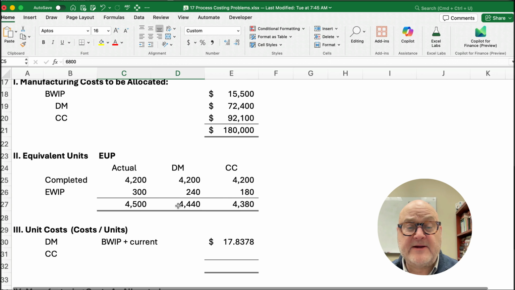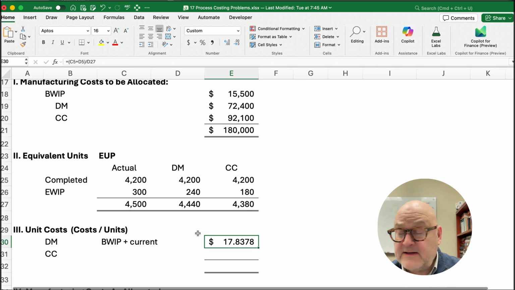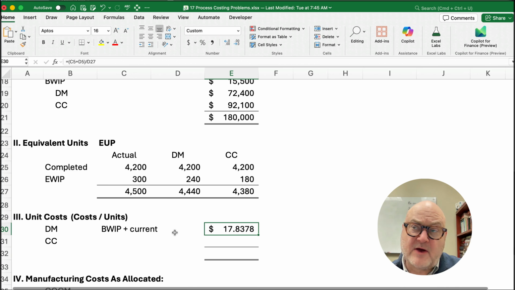Do your check figure here. Divided by 4,440, we're going to get 17.8378. Now, remember, we're going to go to 4 decimal places here. Don't just round it off to 17.84, because we're going to multiply that times several thousand units. We want to make sure we don't have a rounding error. We're going to round to the nearest dollar on the final answer, but hang on to 4 decimals, and that will minimize a rounding error.